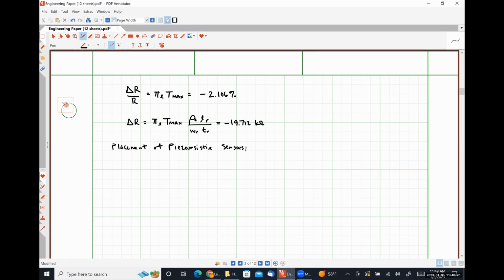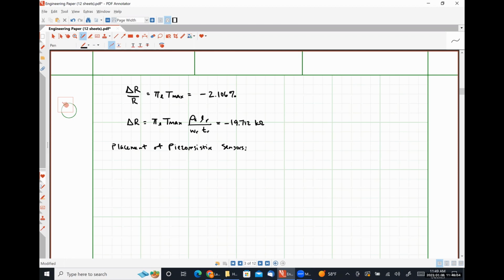So I feel pretty strongly that we all understand we want to place these in the location of the maximum stress. Okay, so that part's pretty self-explanatory, because the piezoresistive effect is effectively defined as the change in resistivity due to applied stress. We get the largest result if we have the maximum stress. Okay.